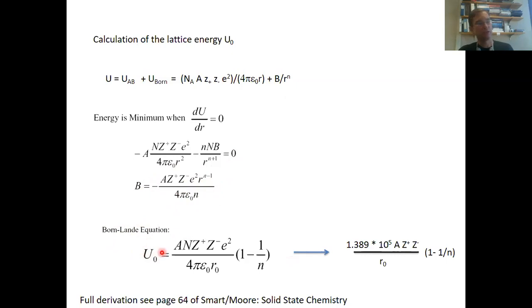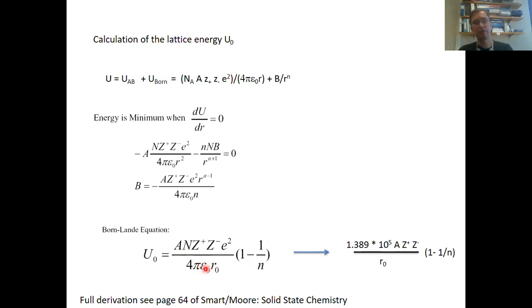It says that the lattice energy is equal to A times n times C plus times C minus e squared over 4 pi epsilon 0 r0, the r in equilibrium, times 1 minus 1 over n. When you analyze that, you see that there are a lot of constants: e squared is constant, 4 is a constant, pi is a constant, epsilon 0 is a constant.